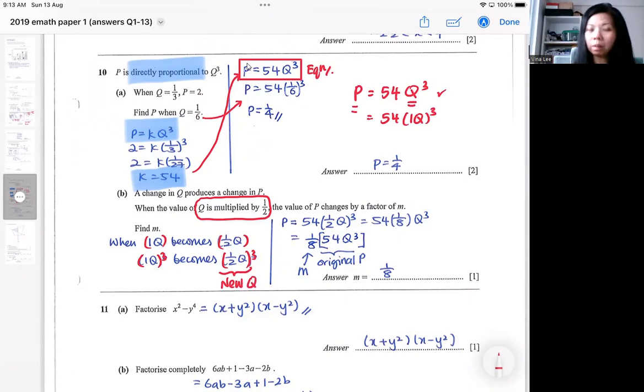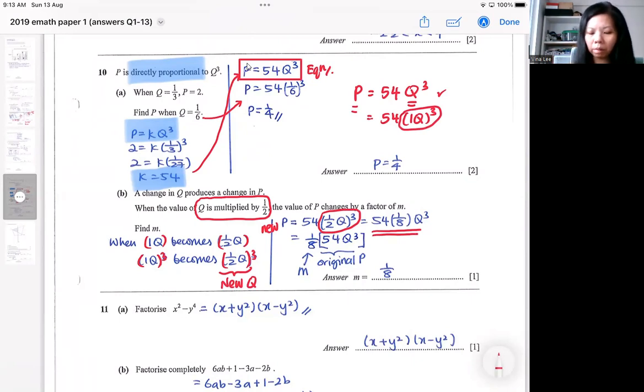So if I want the new value of P, I will change this to the new value of Q, and this is what I've gotten. Okay, so this one, I'm going to compare it with the original P, because the question says that the value of P changes by a factor.